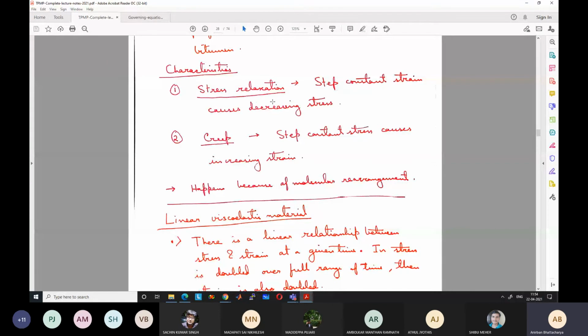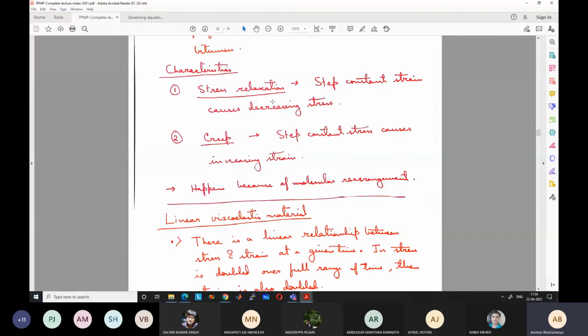But if it is a viscoelastic material, if you put a force F, the spring will elongate initially with a distance x, where F is equal to kx, but then it will keep on gradually elongating more and more. This phenomenon is known as creep. So at a constant stress, the strain keeps on increasing.